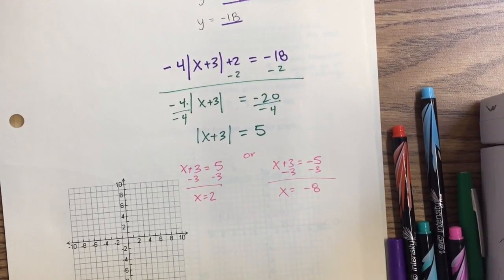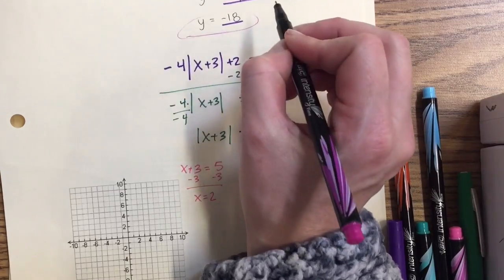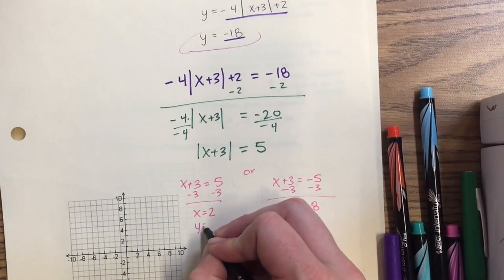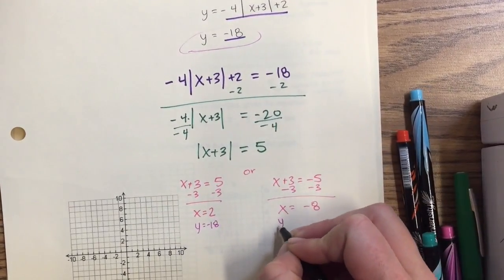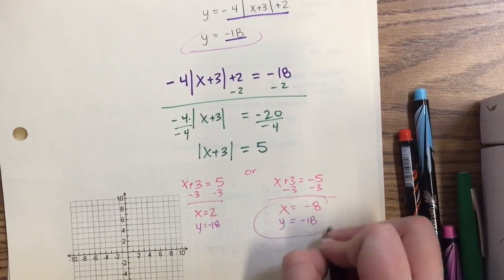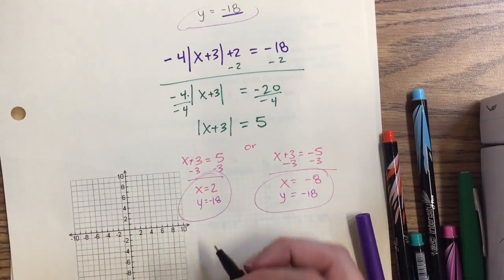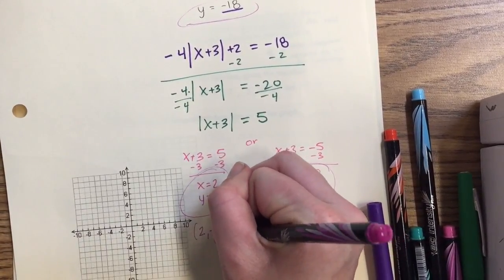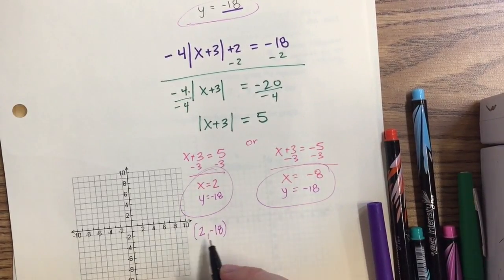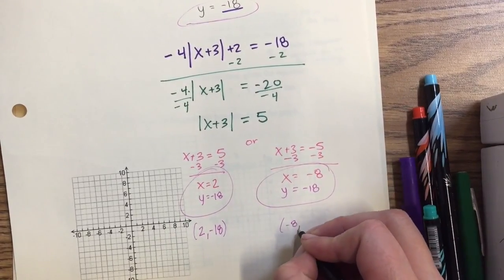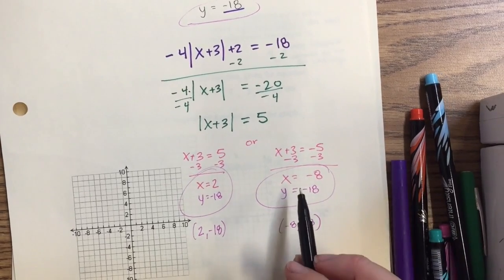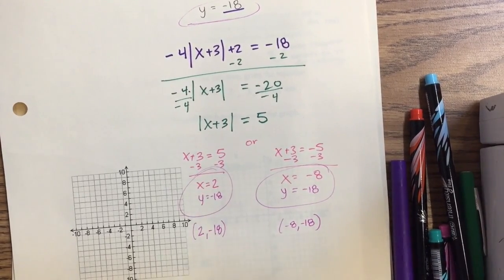Then I look for y. Y is really nice. It's a -18, so I just copy my y in for my 2 points. If I want to write it as a point, I can write (x, y), (x, y), or I can leave it as x equals and y equals.